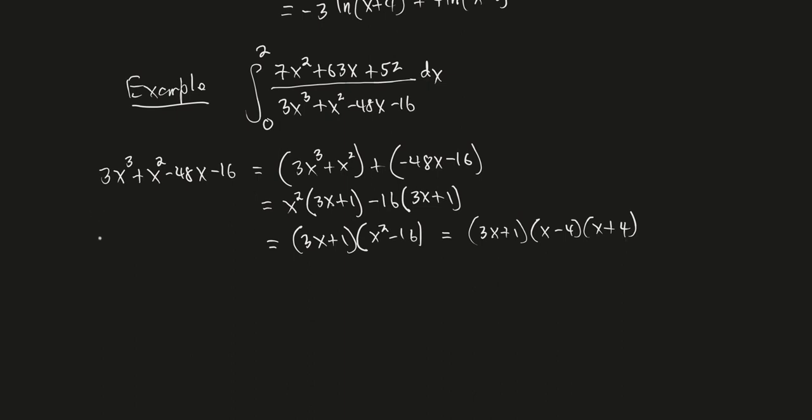Well, it means my rational function, the 7x squared plus 63x plus 52 all over, let me now write the factored denominator, 3x plus 1 times x minus 4 times x plus 4.